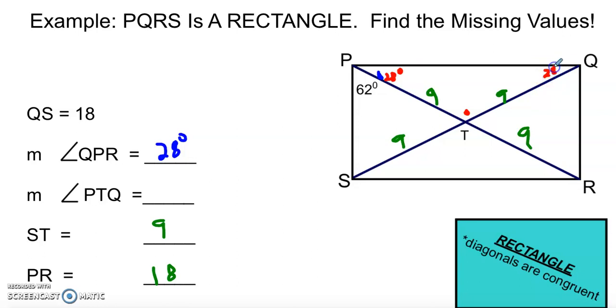In order to figure out angle PTQ, I'm going to take 180 degrees and subtract this 28 and subtract that 28. And 180 minus 28 minus 28 is 124 degrees. I hope I didn't go too fast for you on that one.